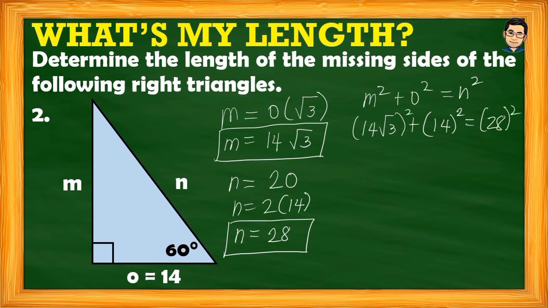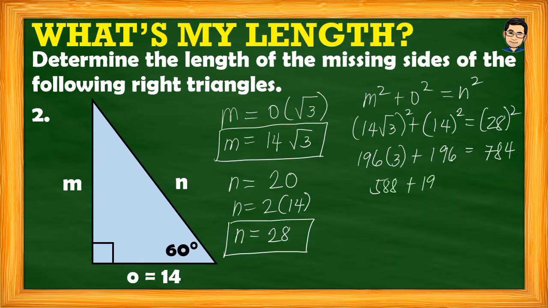So, 14 square root of 3 square. So, 14 times 14, that is 196. Then, square root of 3 times square root of 3, square root of 9. So, square root of 9 is 3. 14 square is 196. 28 square, that is 784. So, 196 times 3, that is 588.